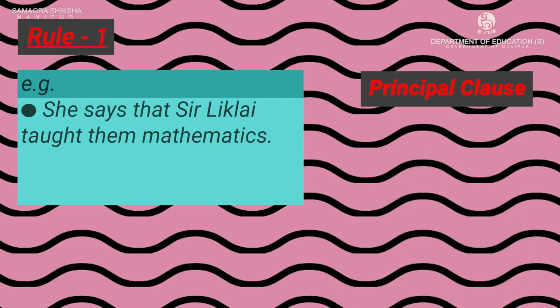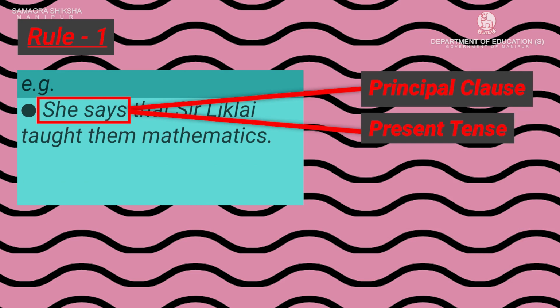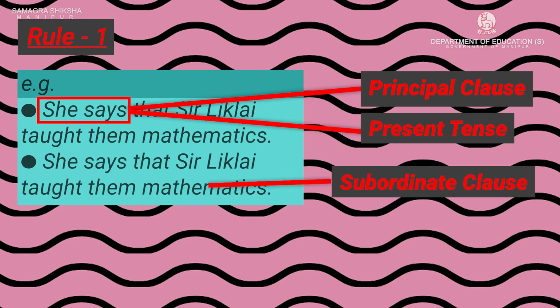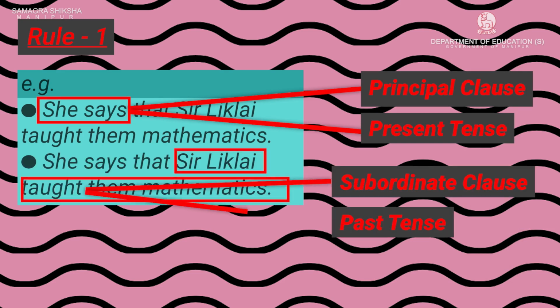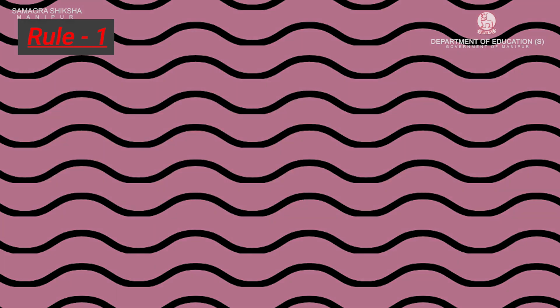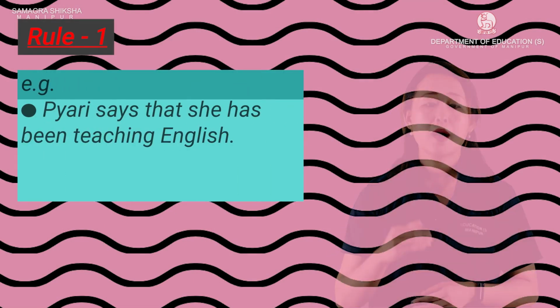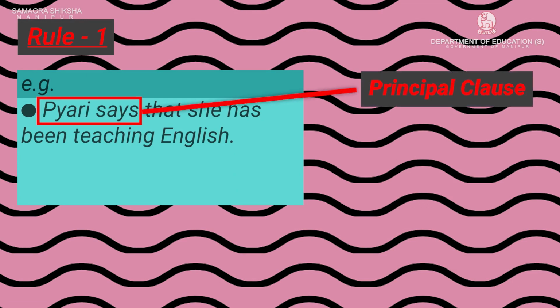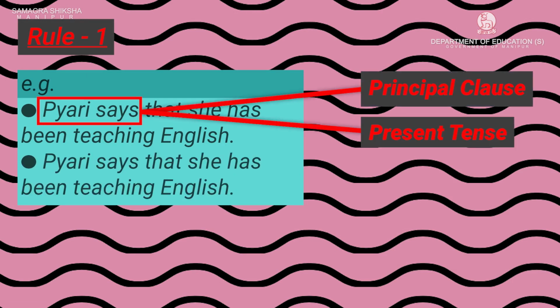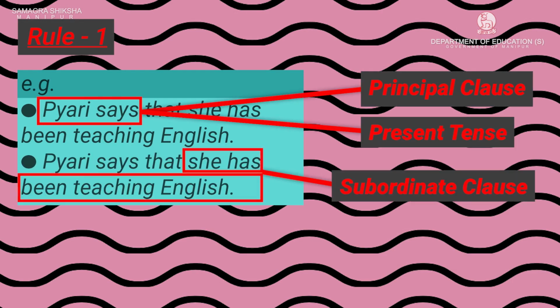Here, the principal clause she says is in the present tense and the subordinate clause Sir Liklai taught them mathematics is in past tense. The second example that I gave you, Pyari says, the principal clause is in present tense and she has been teaching English is present perfect tense, which is also present tense.